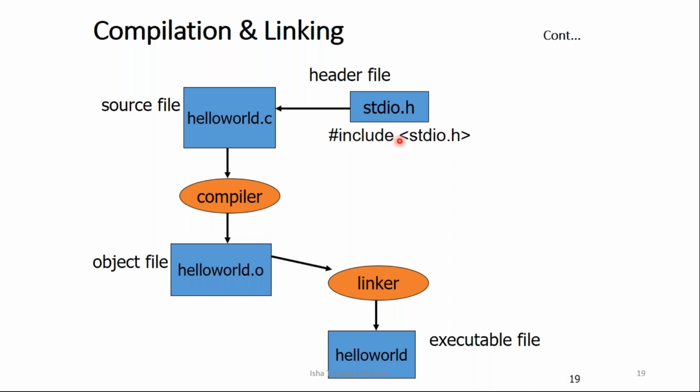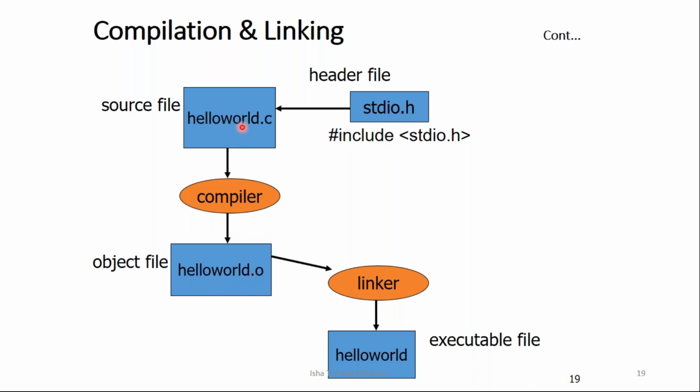We are going to write the program and save it with a name called hello world.c. Now this hello world.c will be compiled by the compiler. After compiling, it will be converted to the object file, and that object file will be named hello world.o. So it is called an object file.